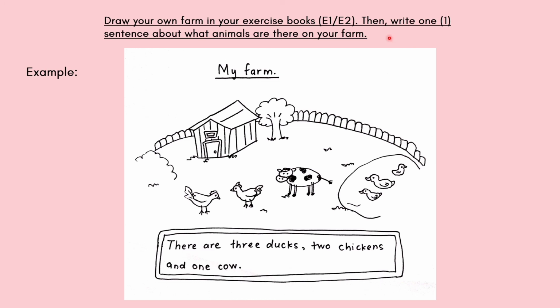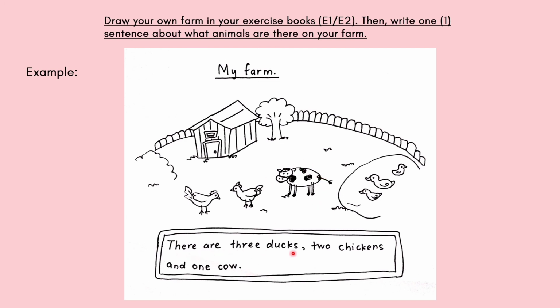Right, then, after you finish drawing, I want you to write one sentence about what animals are there on your farm, like this one. Here, I wrote, there are 3 ducks, 1, 2, 3, 2 chickens, 1, 2, and 1 cow.